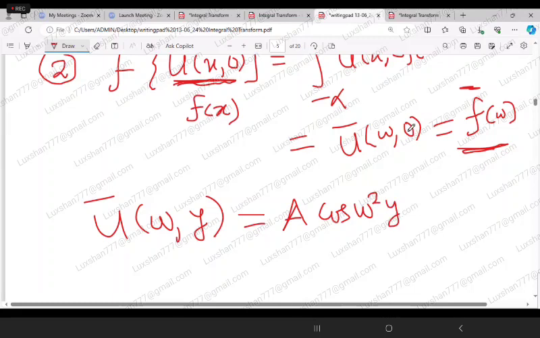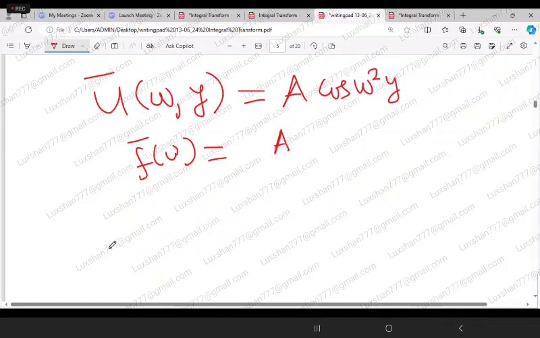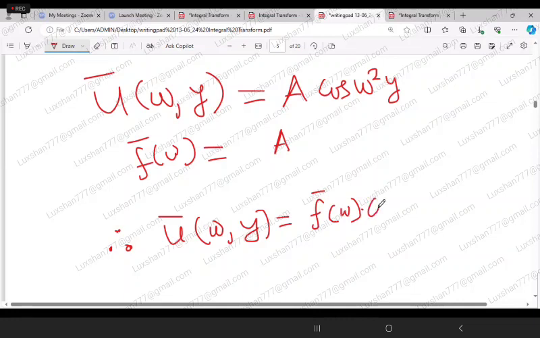Now I put y equals 0, then f bar(omega) equals a. Therefore, the solution is u bar(omega, y) equals f bar(omega) into cos omega squared y.